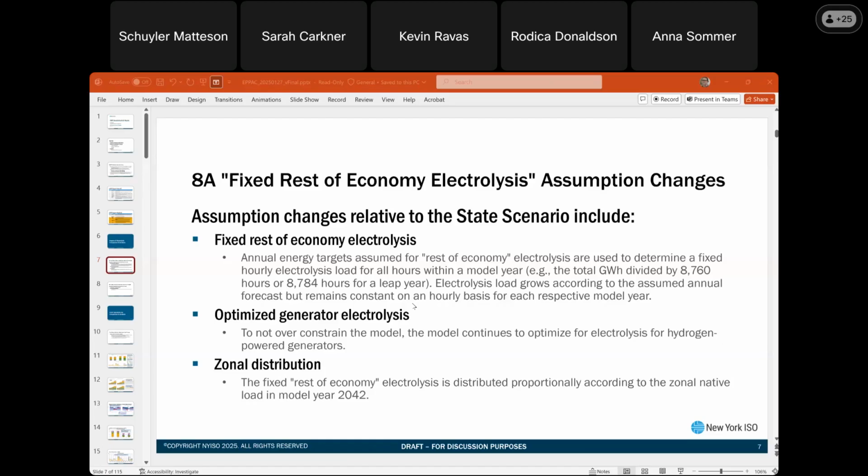So it is a separate and distinct thing that the model optimizes, or has optimized in previous scenarios. But in this case, we're keeping that fixed instead of allowing the optimization, but it's still the same amount of energy associated with it, the annual target for that amount.